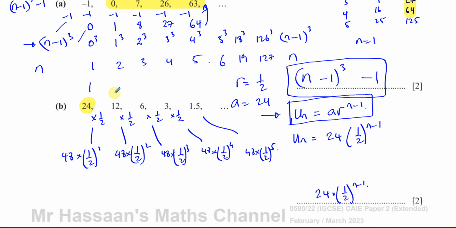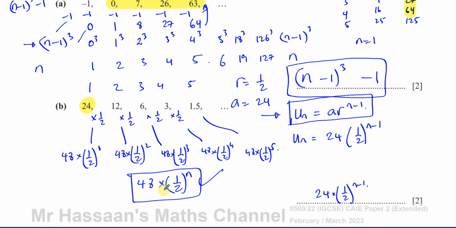So the first term has power of 1, the second term power of 2, the third term power of 3, the fourth term power of 4, the fifth term power of 5. So I can write this as 48 times a half to the power of n. Now, this is a correct answer.